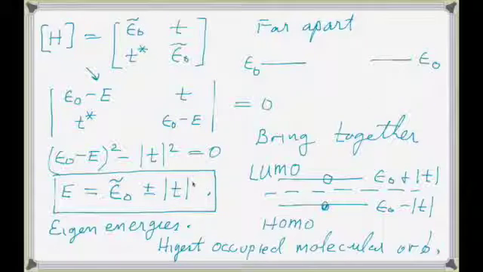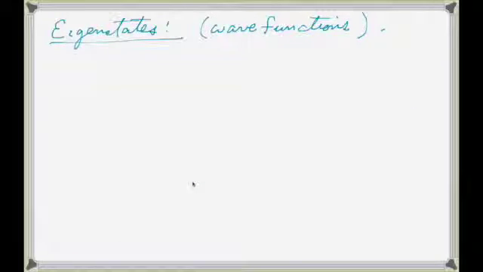You solve for this column vector that gives you the amplitude for your wave function. So my wave function psi has got to be a linear combination of my basis states.